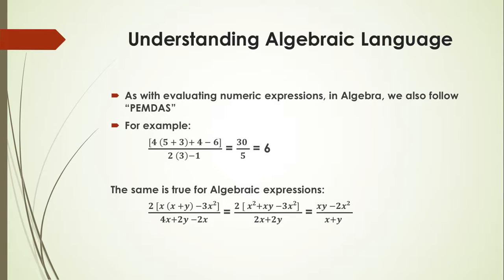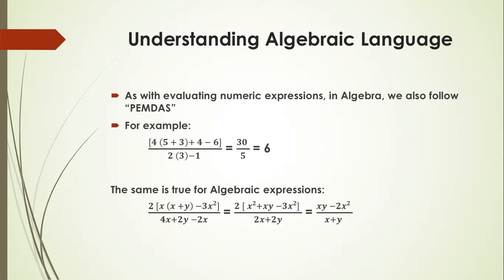So if I have 2 times a quantity x times another quantity x plus y minus 3x squared all over 4x plus 2y minus 2x, we work the things in the parentheses first and then the brackets.